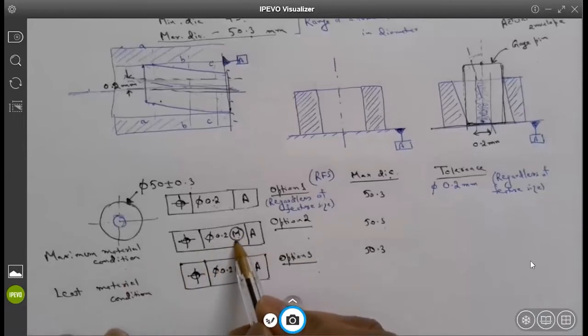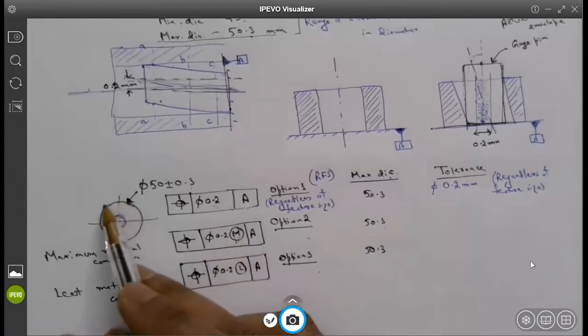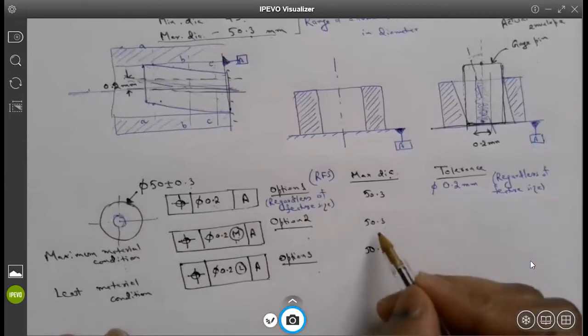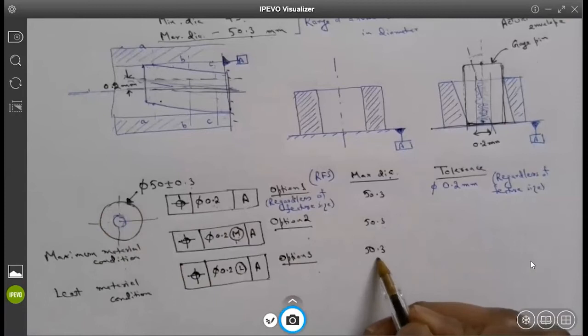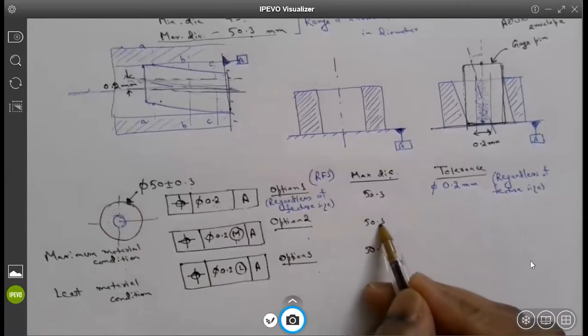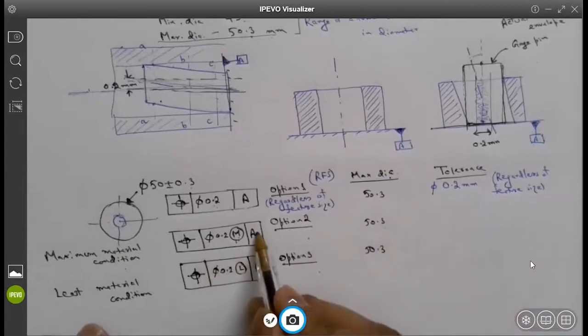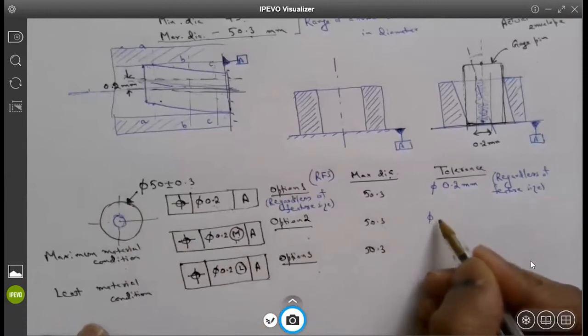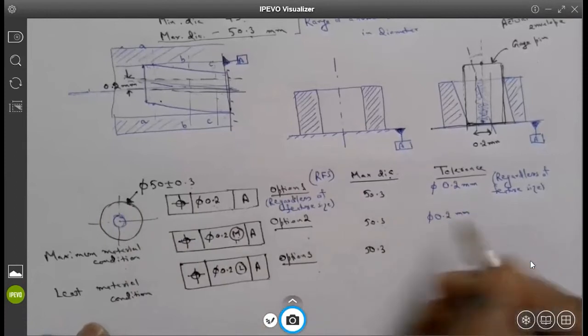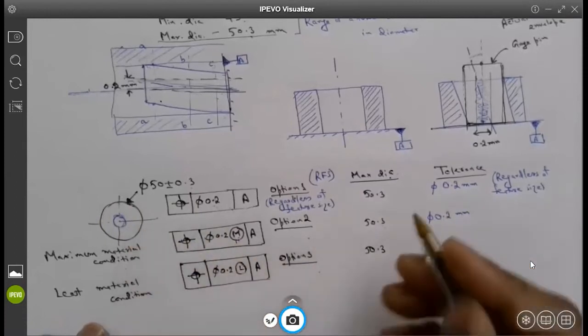And the maximum material condition for this cylinder happens at what size? 50.3 millimeters, right? That will be the maximum material condition. So option number 2 is saying that my tolerance zone will be 0.2 millimeter diameter when it is at maximum material condition, which is 50.3.